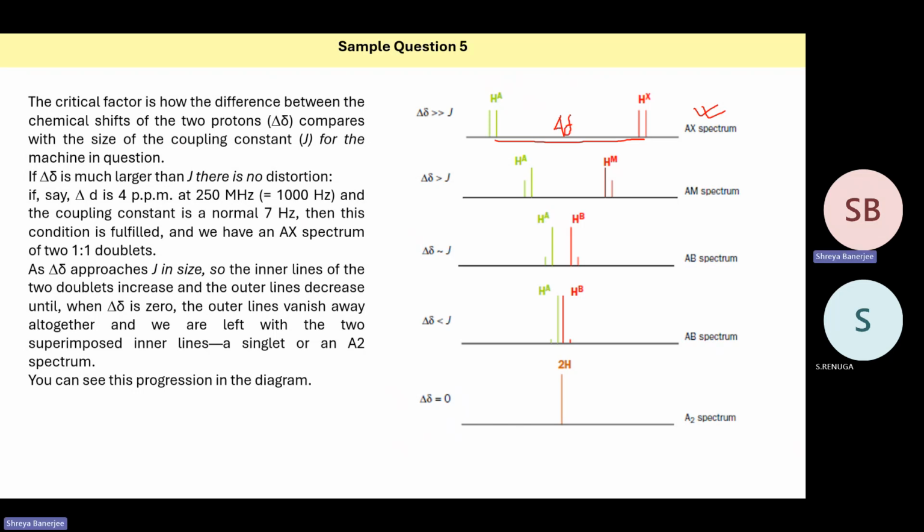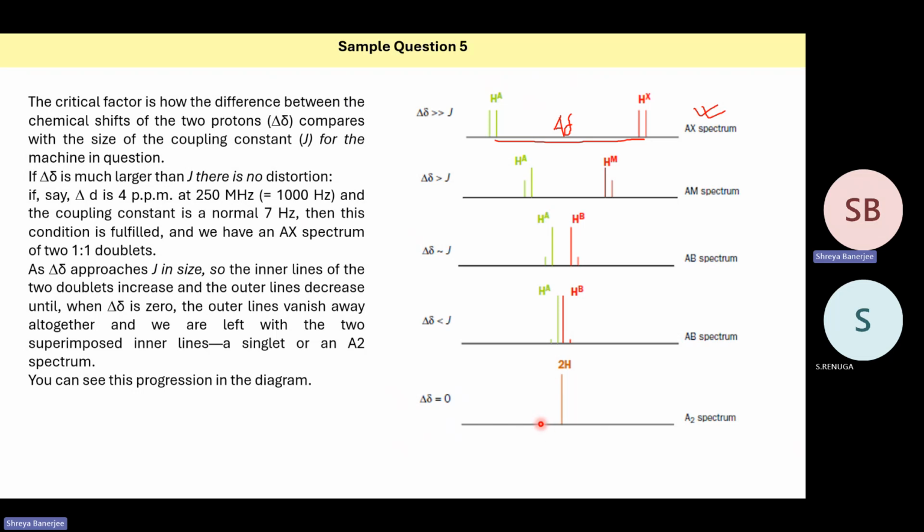Delta delta is much greater than your J. This is the ideal case we have studied. But as the delta delta becomes gradually equal to J, the inner line intensity increases and the outer line intensity decreases. And this continues till eventually delta delta is zero. That is, both the protons appear at the same place.